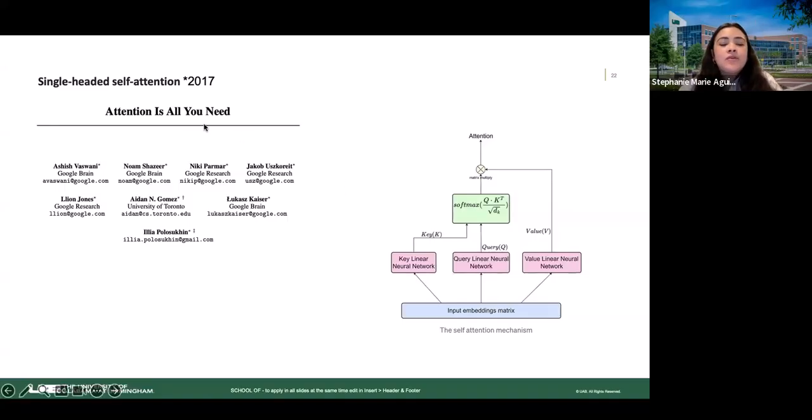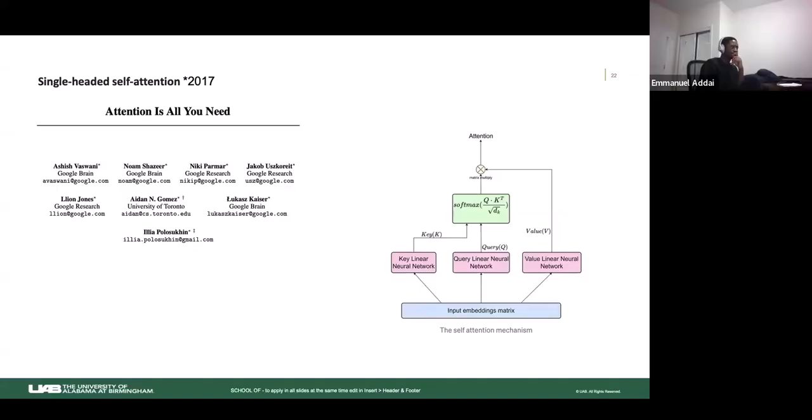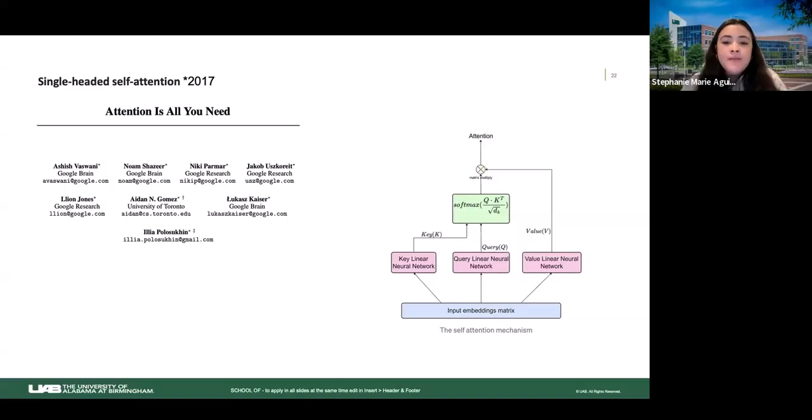But in terms of attention, I really wanted to go over how you compute these different aspects of attention for trying to get the probability of the next word through key, query, and value linear neural networks, getting the query, and then the value matrix from just these input embeddings that you would get from the image or the text.